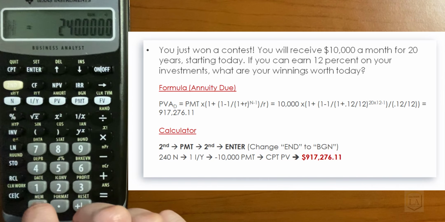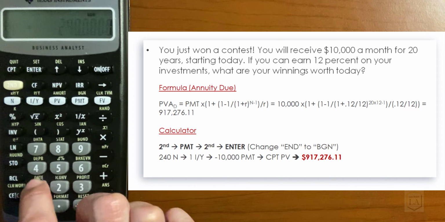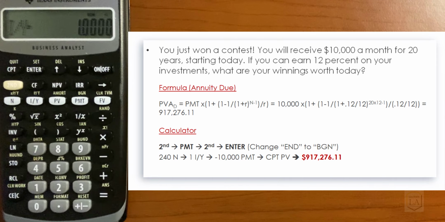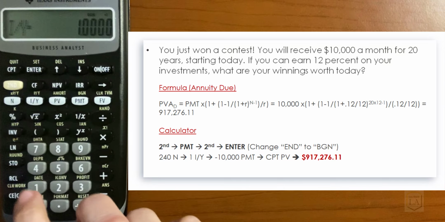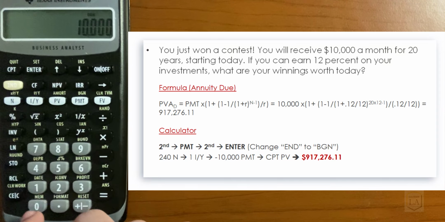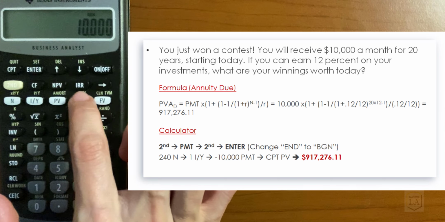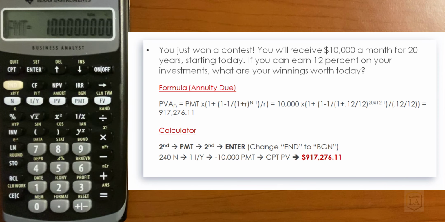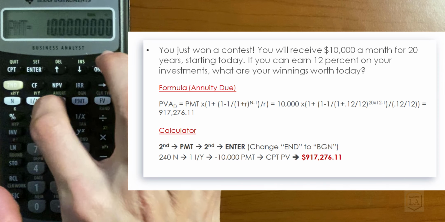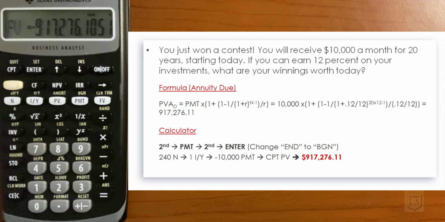So 12 divided by 12 will be 1. So 1 as your interest rate. Payment will be $10,000 per month. And let's compute the present value. And it will give you $917,276. That's how much it's worth.